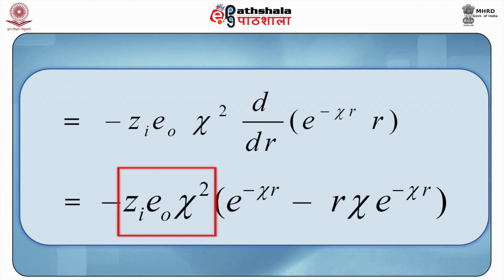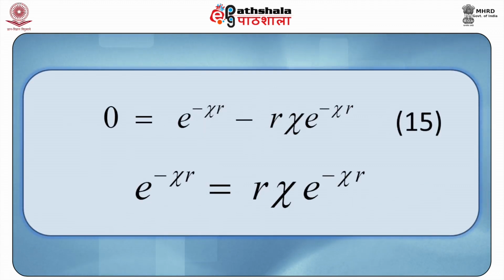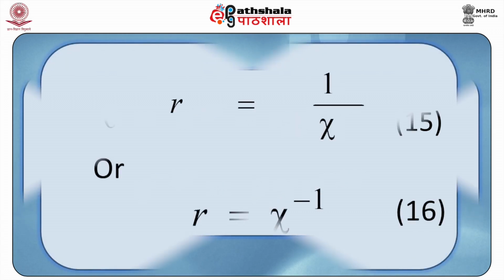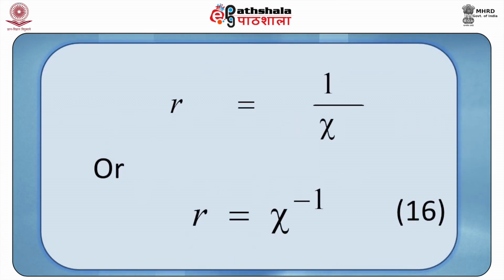Since the term Zi e naught chi square is finite, in order to satisfy the condition of equation 13, we have equation 15: 0 is equal to e to the power minus chi r minus r times chi times e to the power minus chi r, or e to the power minus chi r is equal to r into chi into e to the power minus chi r, or r is equal to 1 by chi.